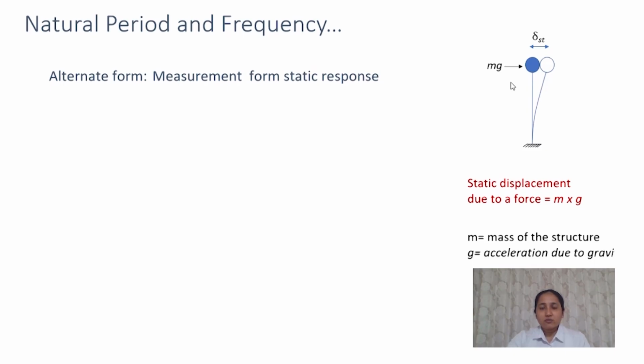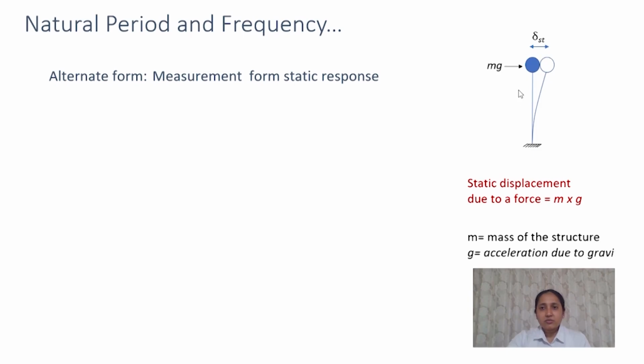So we have to apply a force to the structure which is equal to mass times g, and measure this static deflection because of this force. And using this static deflection, we can calculate the natural period and natural frequency.